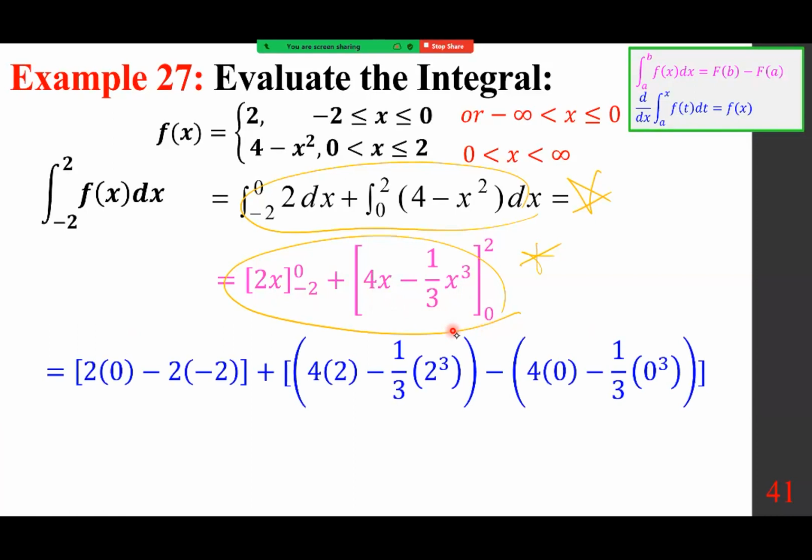So it becomes like that. So this one is this, and this one is this. And what I'm going to do quickly, I'm going to get rid of this because it's 0, and I don't have to worry about this because it's also 0. So it makes perfect sense.